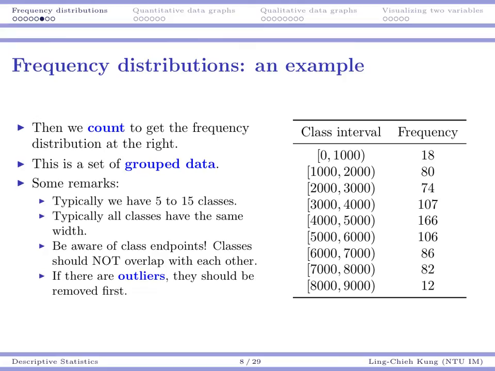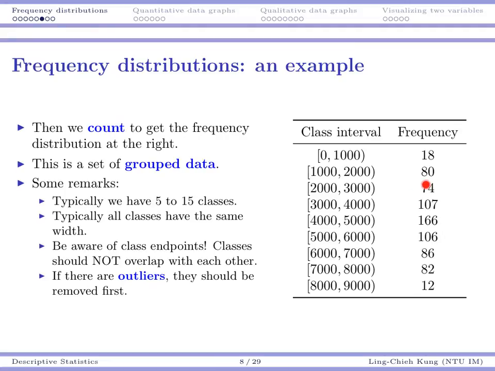Once you have class intervals, the next step is to simply count all the numbers one by one and put each number into one class. Eventually you will get the frequency distribution just like this. There are 18 numbers that belong to the class from 0 to 1000.